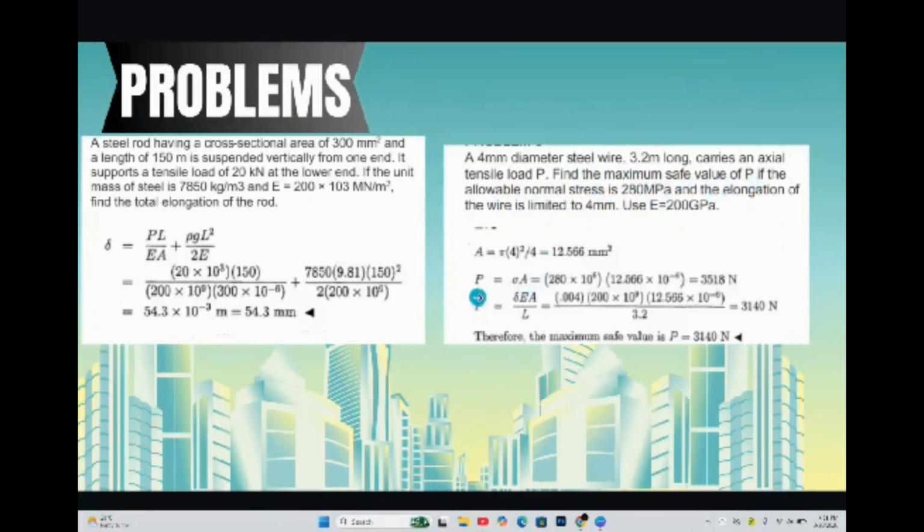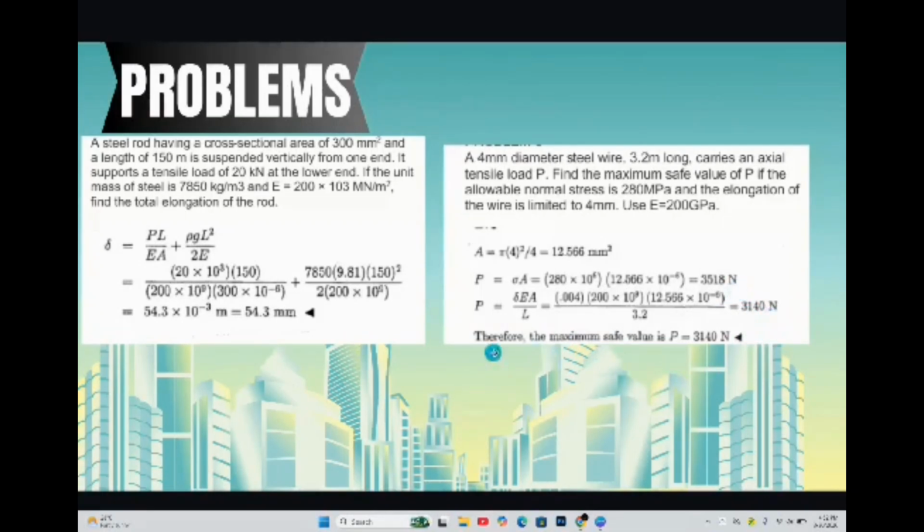So the formula for this is equal to elongation times Young's modulus times area over length. Since the values are already given, if you put this into a calculator, you get 3,140 newton.